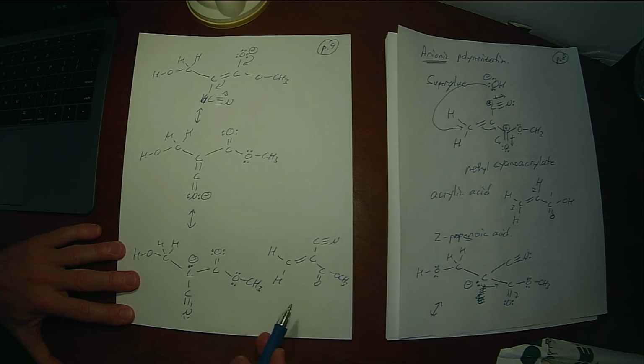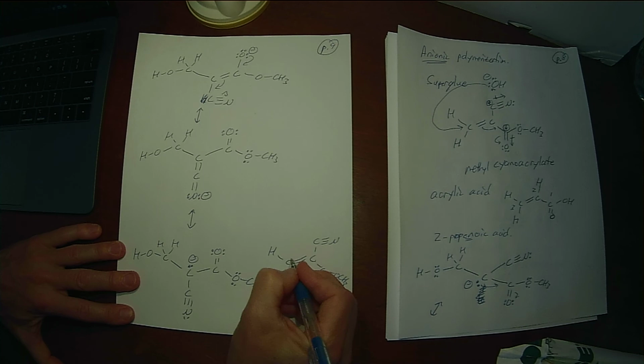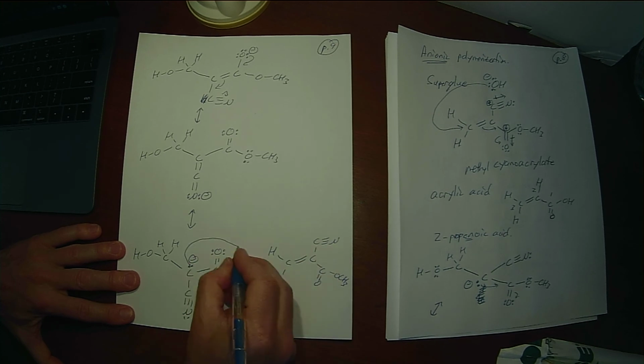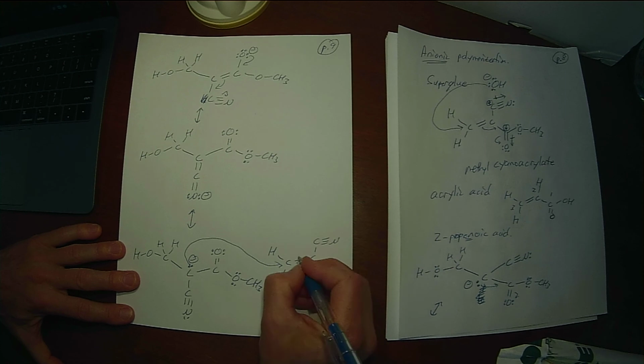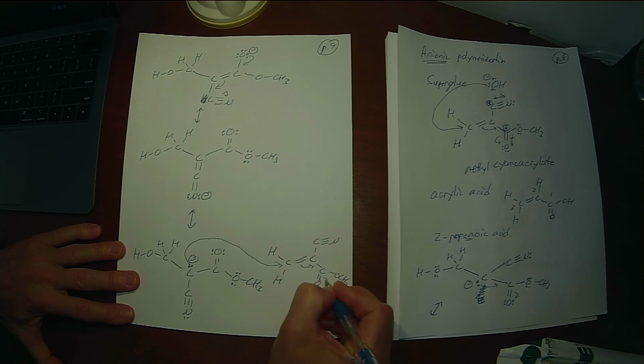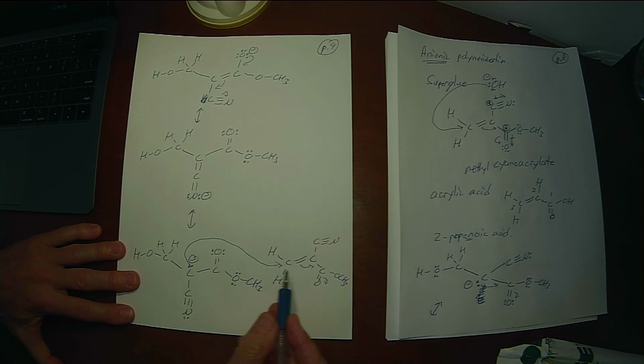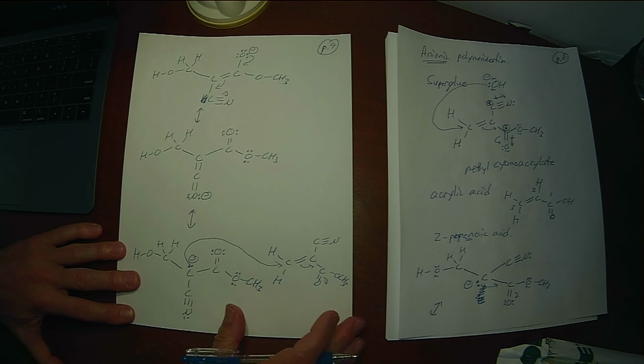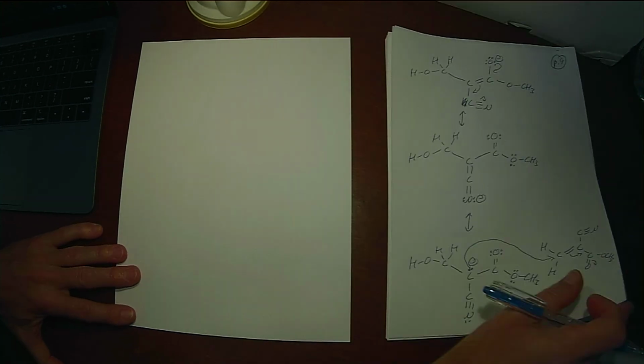We could do a head-to-tail addition just like we did before, right? This negative charge could attack the unsubstituted end, and it can push this pair of electrons out onto oxygen, and we can continue to grow the polymer. Right.